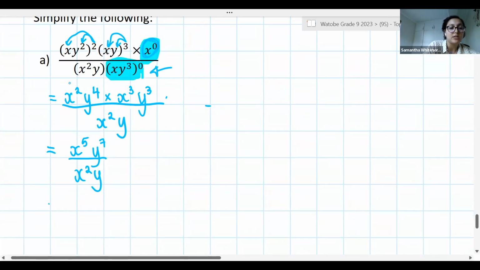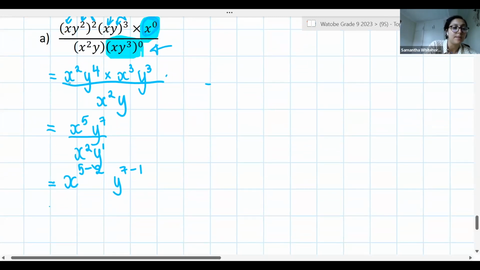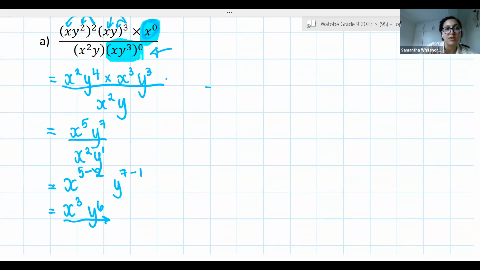So this is where we apply our second law of exponents, and we subtract the exponents because we are dividing. So x to the power 5 minus 2 and y to the power 7 minus 1, because that y in my denominator has an exponent of 1. And so I've got x cubed y to the power 6 as my final answer once I've simplified everything.